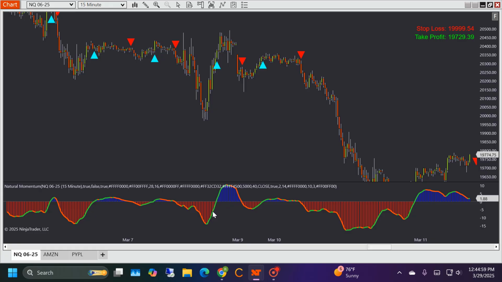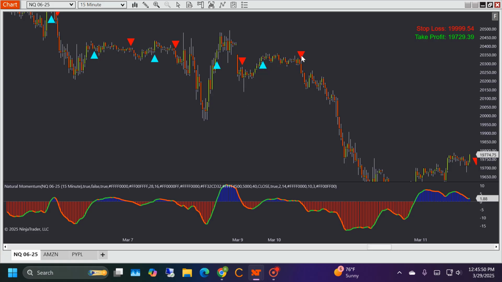So you will see sometimes green can be below or above the zero line. Red can also be above or below the zero line. And we'll go over some ways that can help with even take profit levels, and correlating it with lows or other highs in the market.